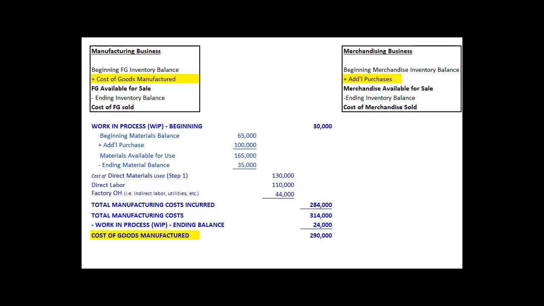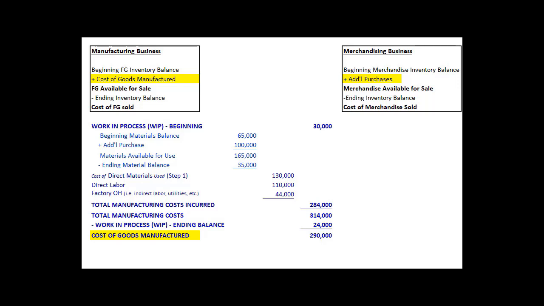So cost of goods manufactured, think about having WIP beginning balance, then add to it the total manufacturing costs incurred. So total manufacturing costs incurred, you would need direct material, direct labor, and factory overhead.